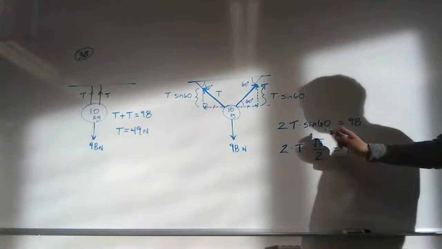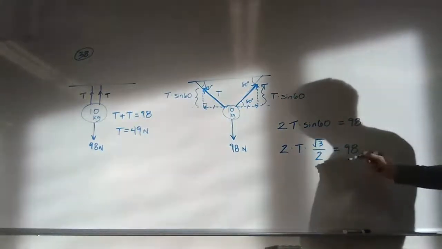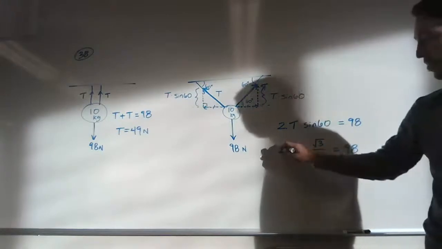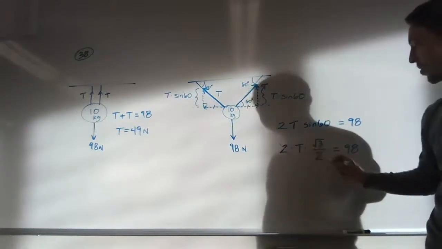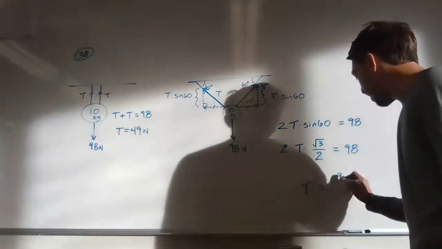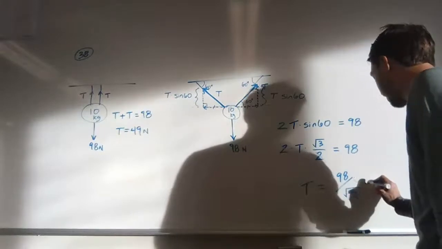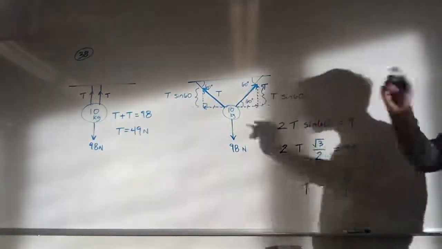Okay, so if you know that the sine of 60 is root 3 over 2, then what happens to these 2's? They cancel out, and you get a beautiful answer here. You get 98 over root 3. Now a decimal might be nice because it might make the answer a bit more salient.